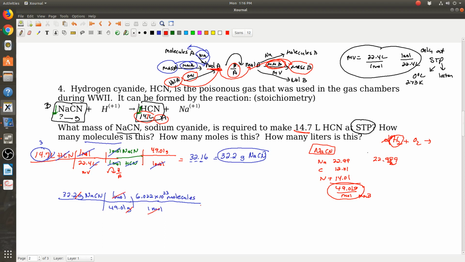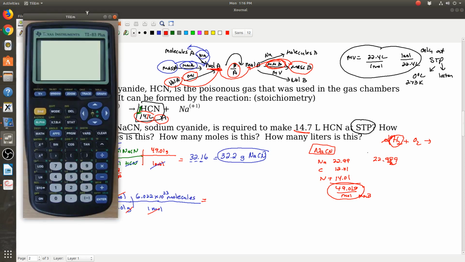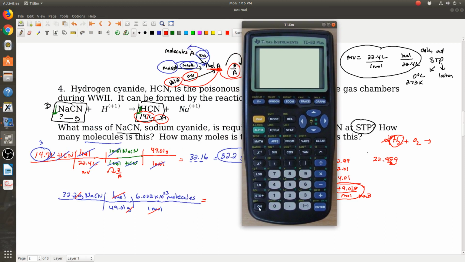Cancel out moles. And we're going to put it all in a calculator this time so we can see it all. All right, 32.2 divided by 49.01, and then I'm going to multiply it by 6.022. There's the second function in the double E 23.